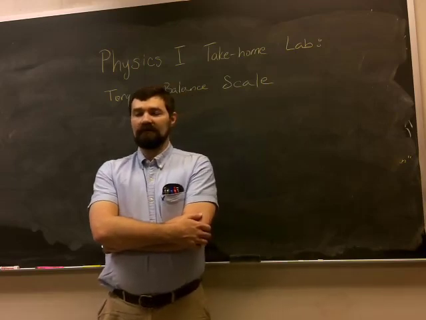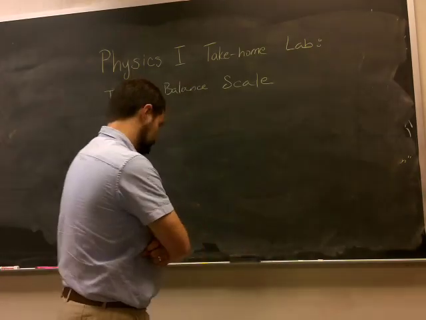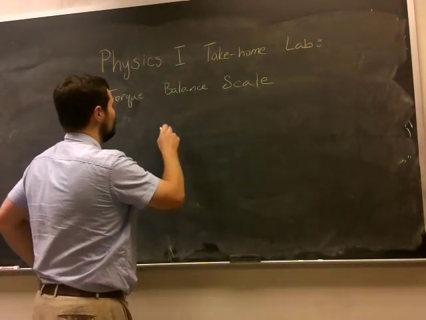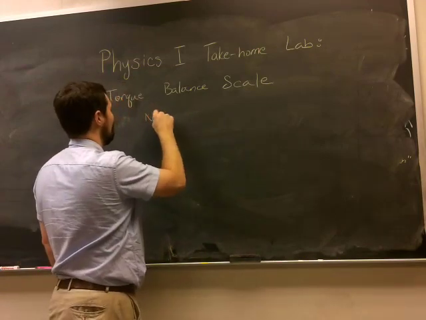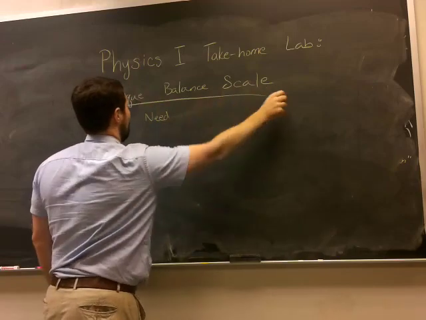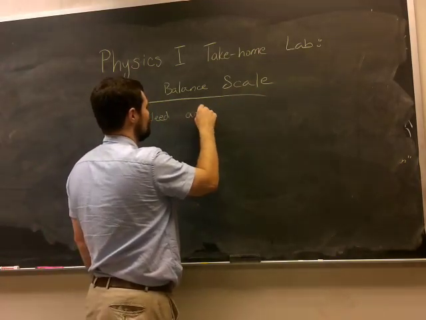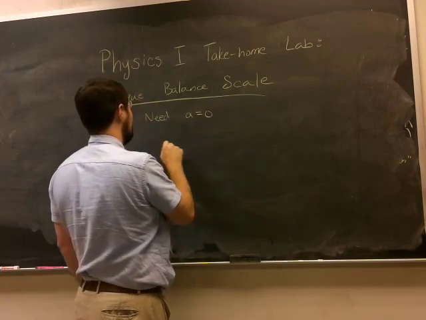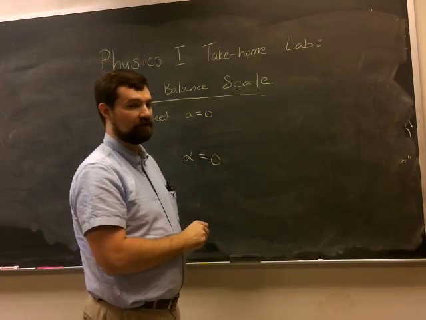All right. In your lab handout, the theory is fairly well described for this, but I'll write the two conditions. You basically need to have, on the one hand, that the acceleration of the system is 0, and on the other hand, that the angular acceleration of the system is 0.